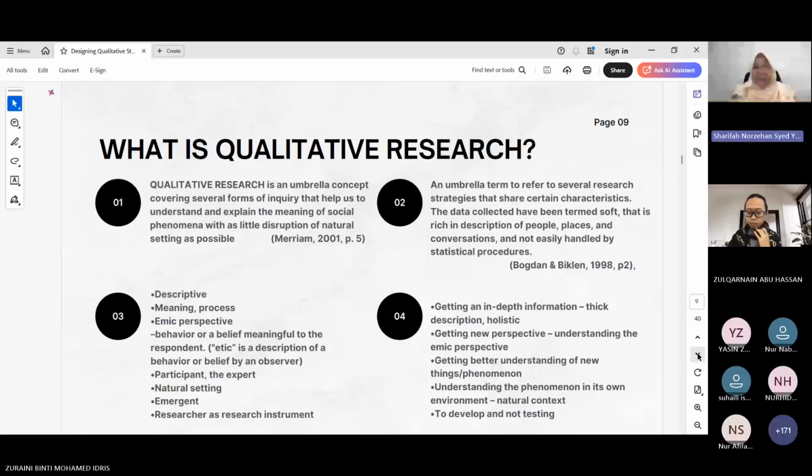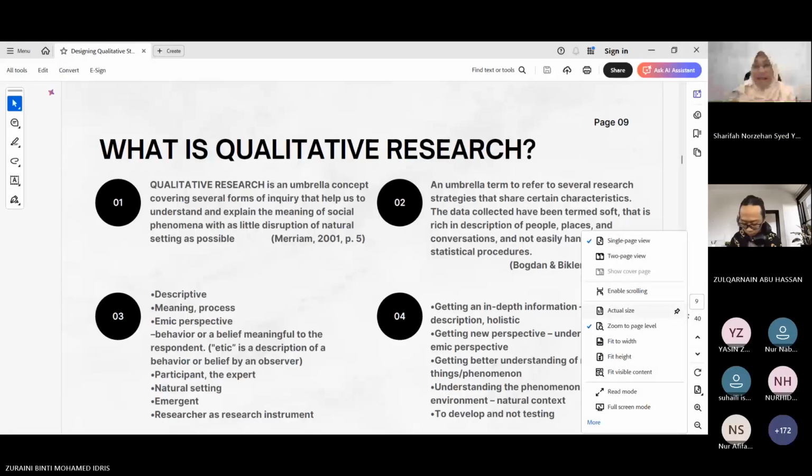So in terms of data collection, people call it a soft kind of method. The reason being you are not using any statistical analysis for it, because you are going to meet people, visit places, observe people teaching, or interview people in the institution who are doing the work on a daily basis.